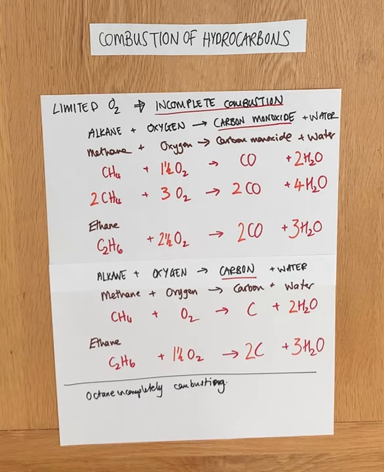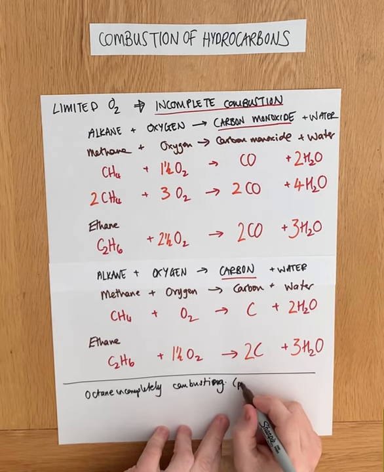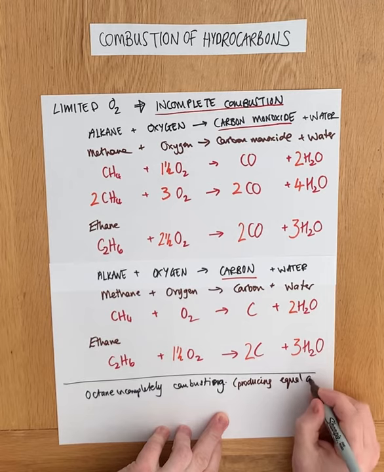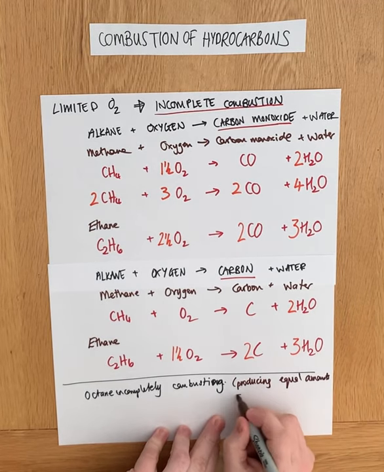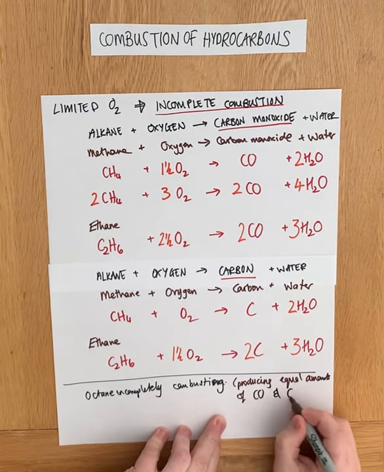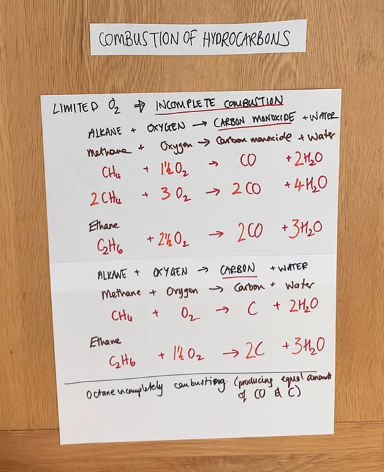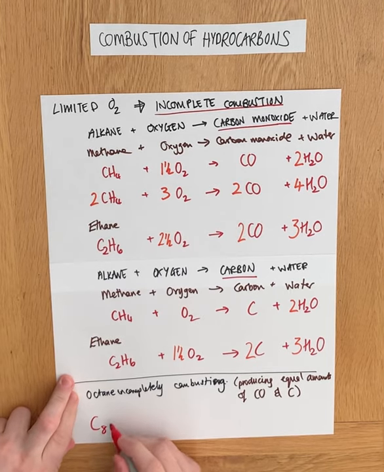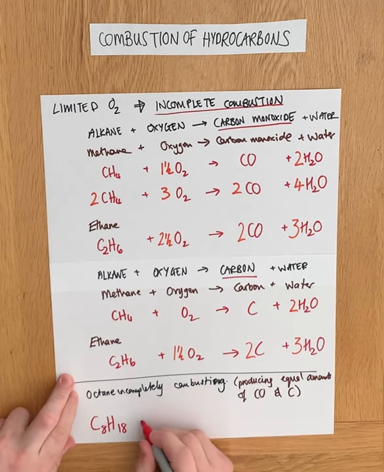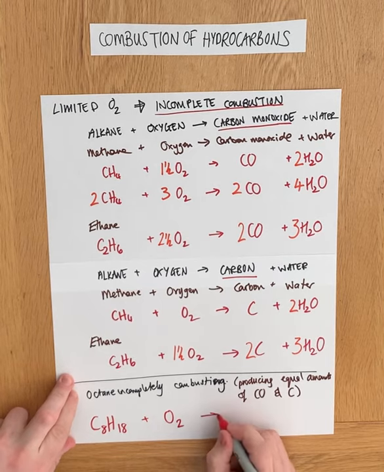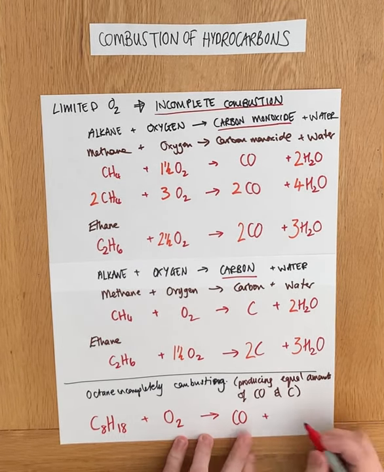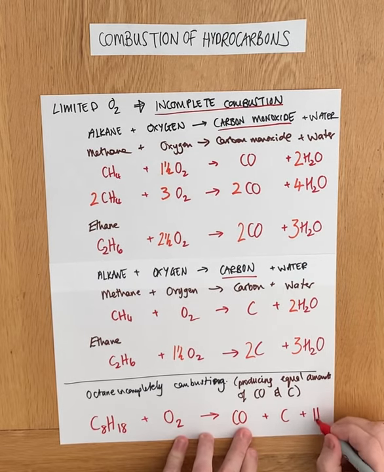You could get nudged down the road where it would say something like producing equal amounts of carbon monoxide and carbon, for example, in which case octane, C8H18, reacting with oxygen, O2, to make, now, carbon monoxide and carbon, and always water.